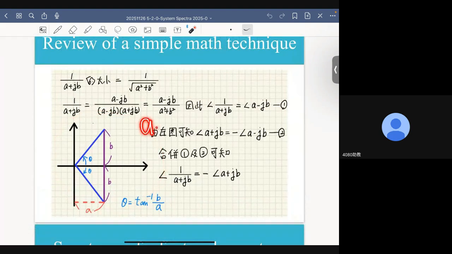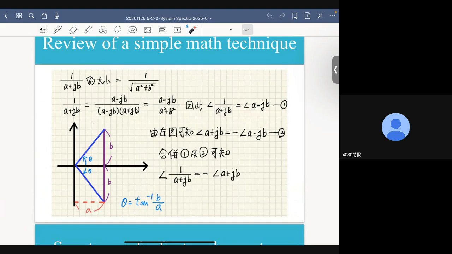For a plus jb, for that particular number, its location is at this particular point. However, for a minus jb, this number is actually located here.